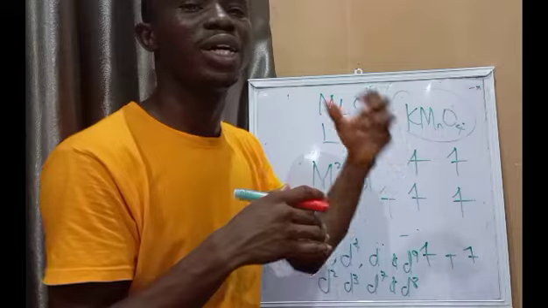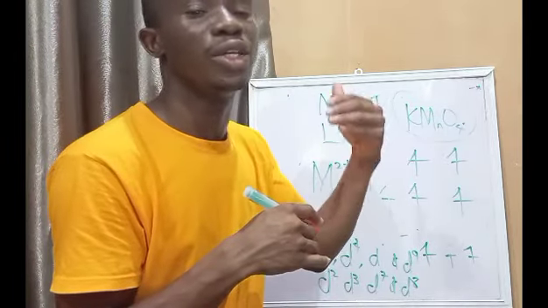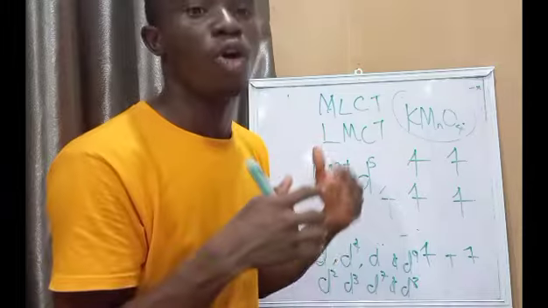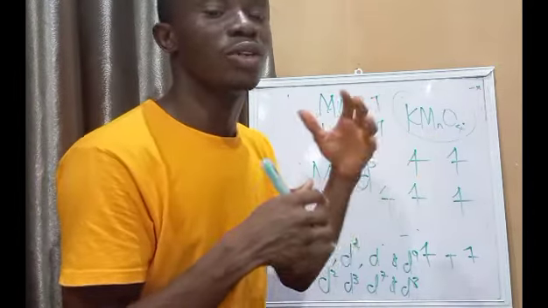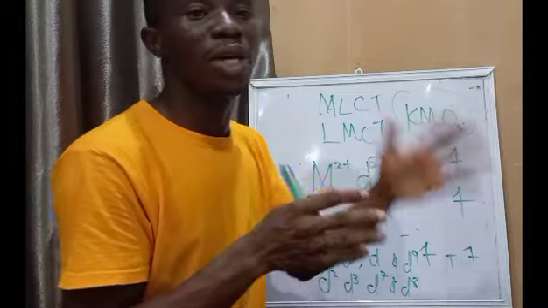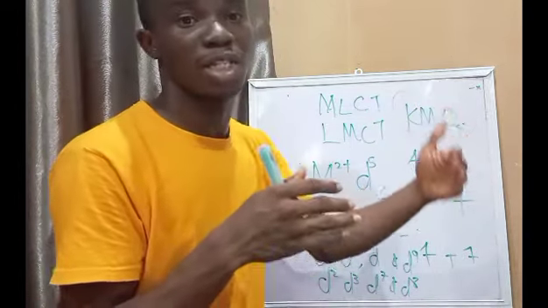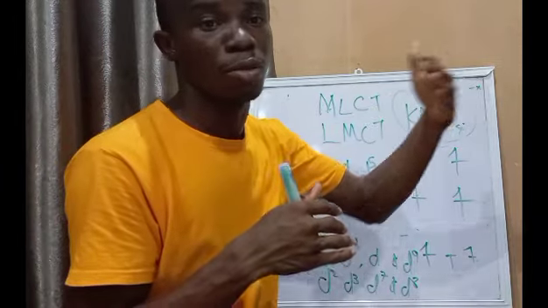So when you are given a UV visible spectrum of a particular complex, the first thing to look out for is the possible transition that could have occurred based on the spectrum given to you. I've said a spectrum is a plot of absorbance against wavelength.